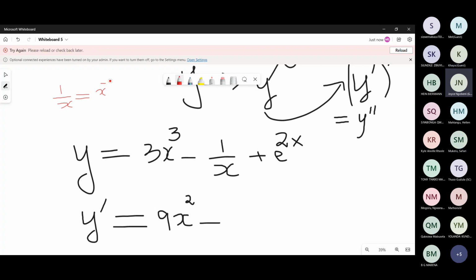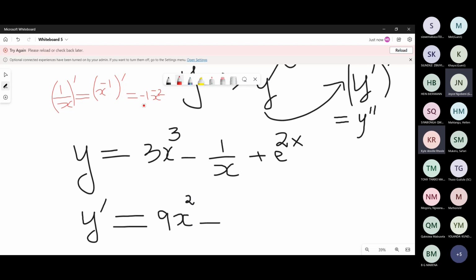Now you take the derivative and apply the power rule: minus 1 multiplied by x to the power minus 1 minus 1, which is minus 2.